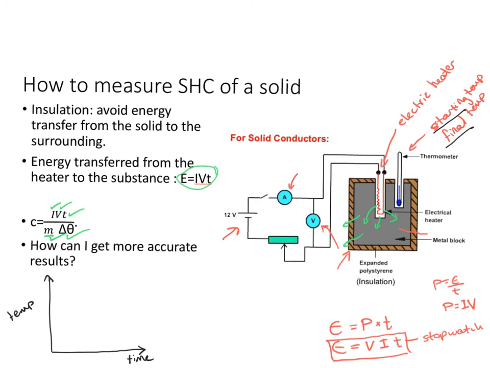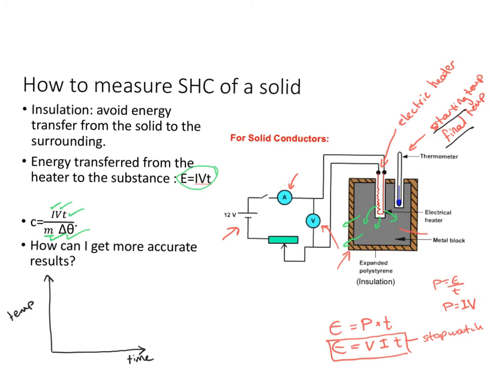So for example, every minute. So you should take the reading of the temperature and create a graph. Obviously, you still have starting and final temperature, but this makes your results more accurate because you have a range of measurements to take, and you can spot the anomalies and all of this analysis that you need to do.